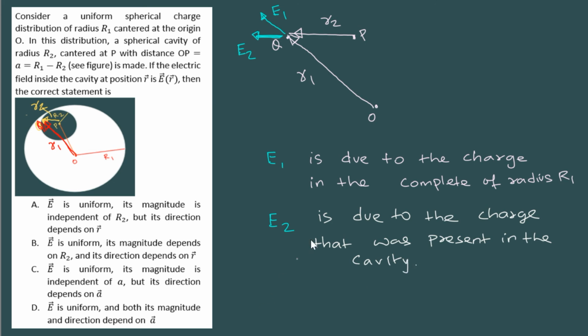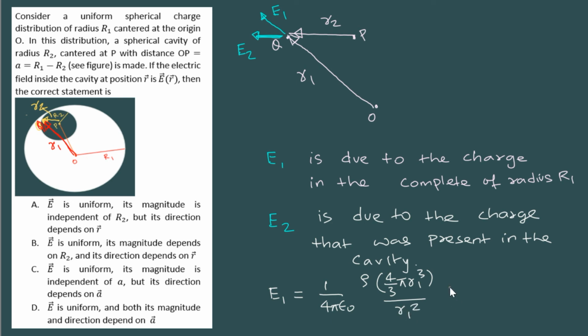Now how do I compute E1? E1 in terms of magnitude will be 1 by 4 pi epsilon naught. For me the charge within radius r1 is important. So if I take the charge density as rho, that gets multiplied with volume 4 by 3 pi r1 cube by r1 square.